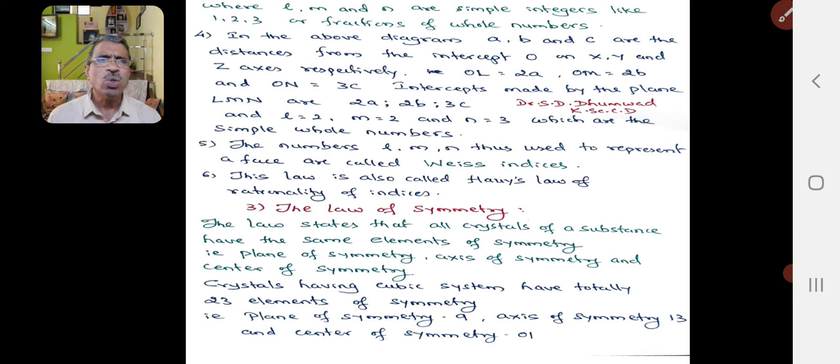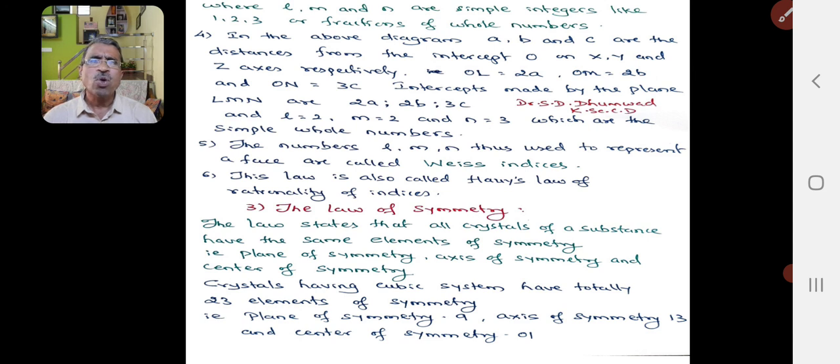This law is also called Haüy's law of rationality of indices. This law was discovered by Haüy, hence it is also known as Haüy's law of the rationality of indices. Coming to the third one, that is the law of symmetry.